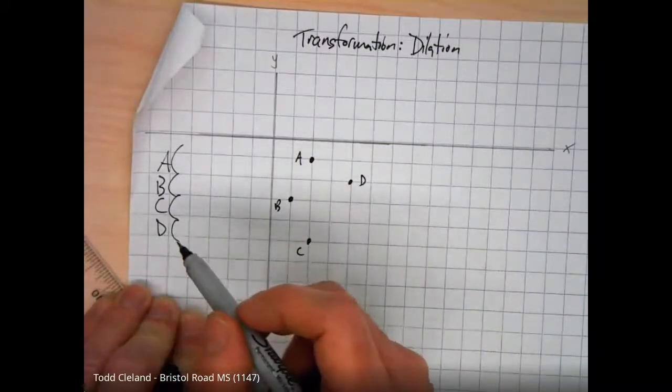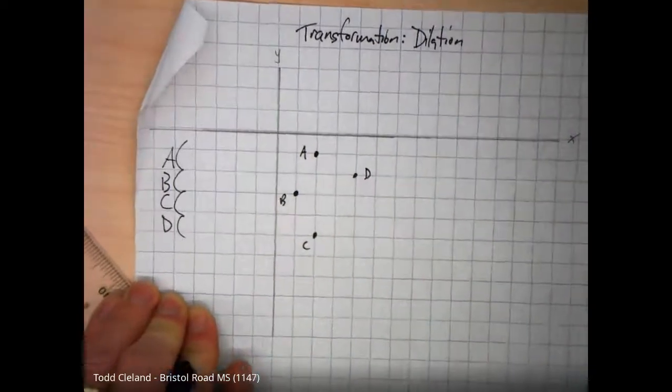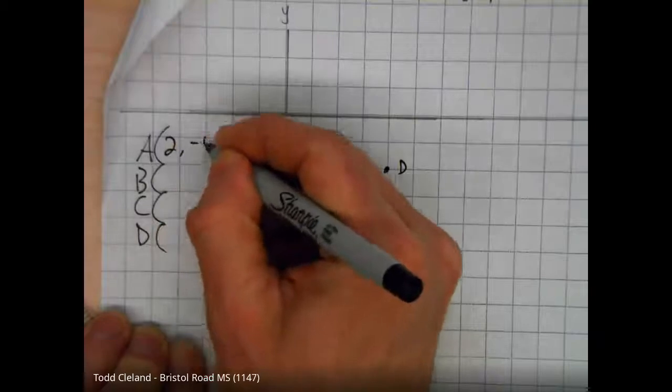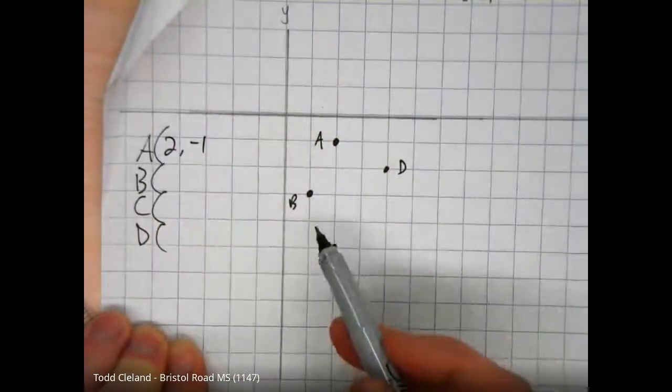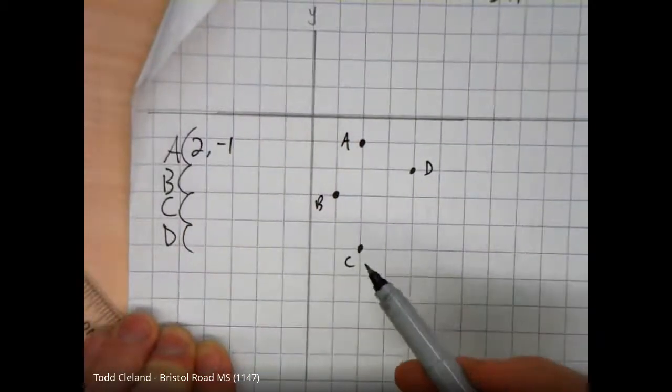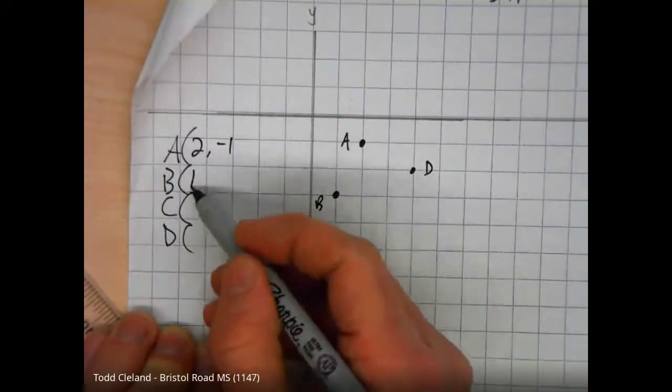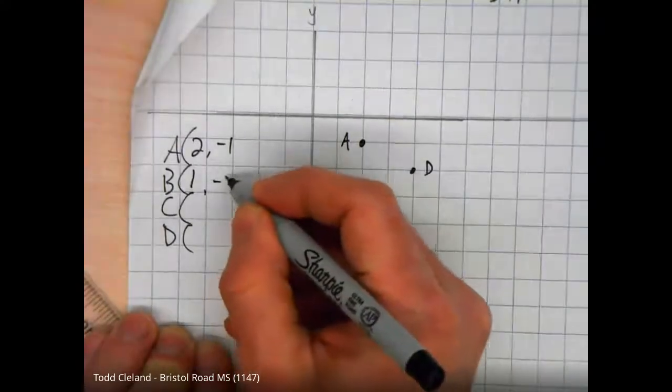What's the coordinate for A? Can you see from where you are? 2, -1. Thank you. And B? I know, it's a bit hard to see on the big projector. 1, -3.